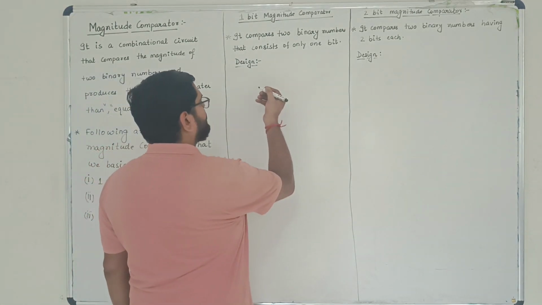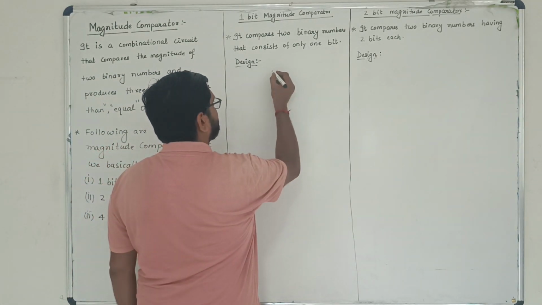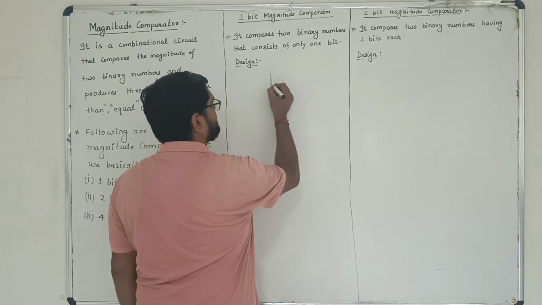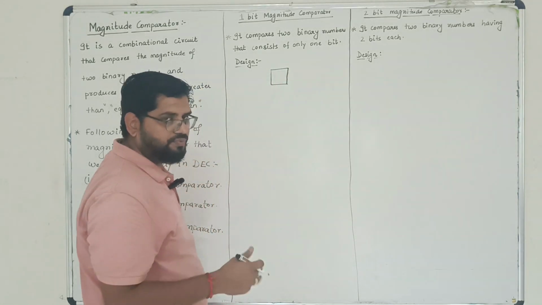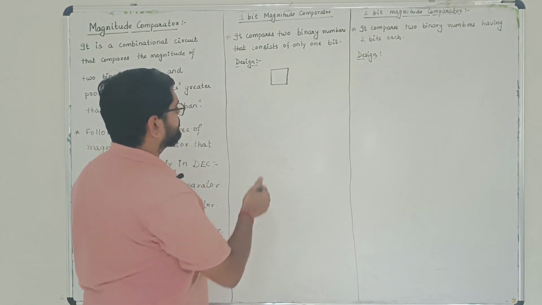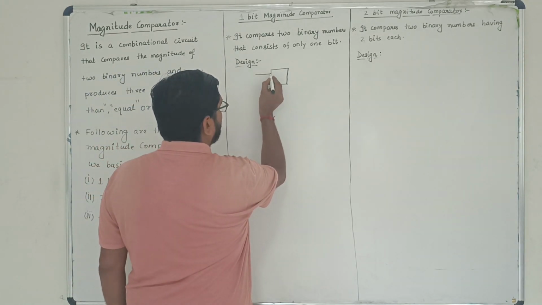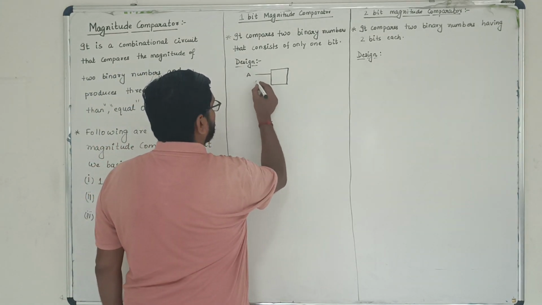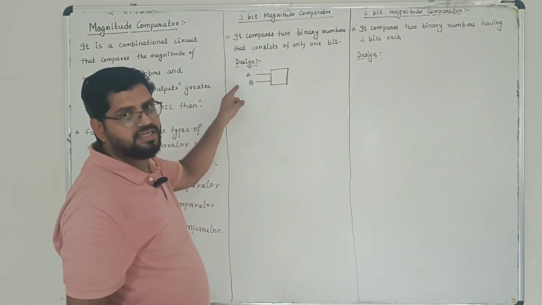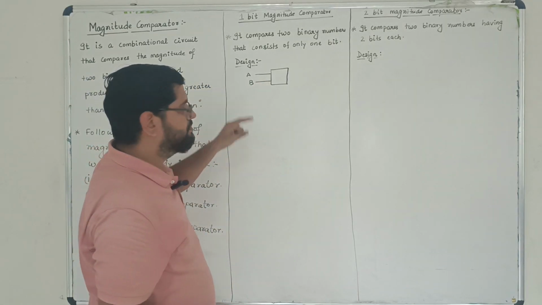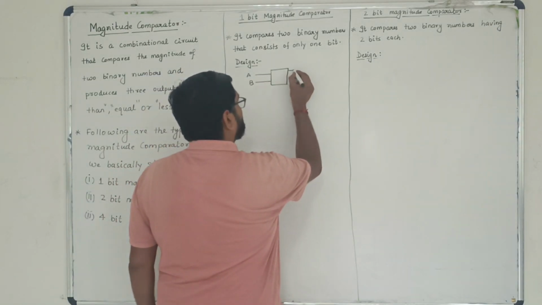Now we will go for the design directly, and we know the design process of any combinational circuit is fixed. It will not change from what we have done previously. So here we have two inputs. I am taking those inputs as A and B. These are the two numbers, and because they are of only 1 bit, I am taking them as A and B. Now, what are the outputs expected?